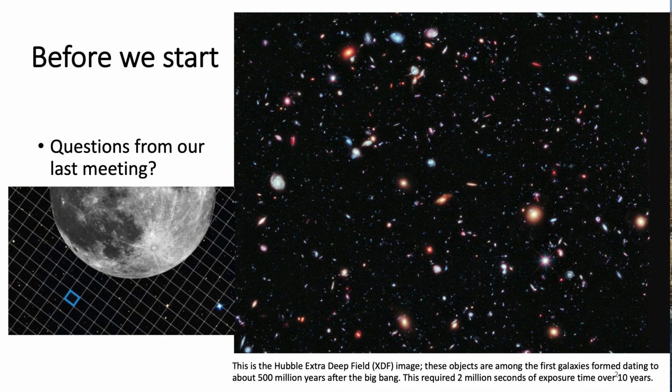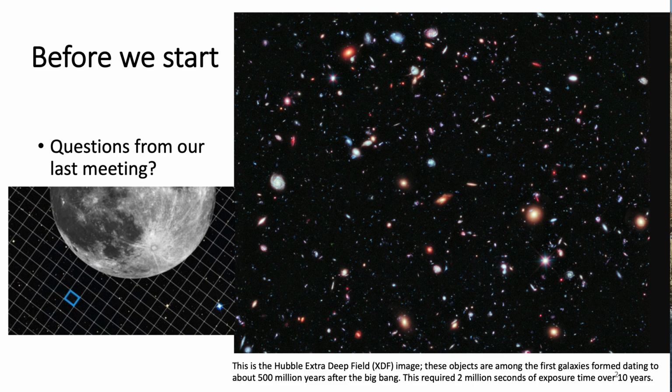In fact, you'll see once again in the title of the image, 2 million seconds of exposure time that took 10 years to assemble, just by pointing the telescope repeatedly at the same spot on the sky.